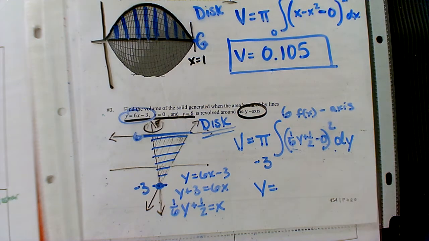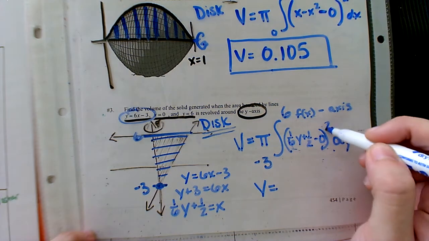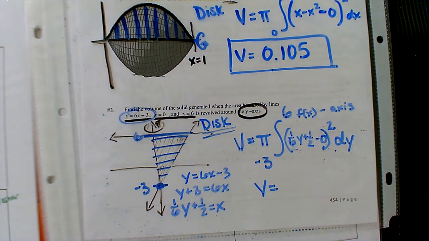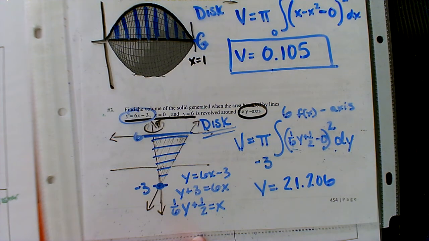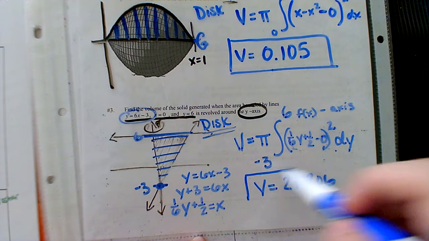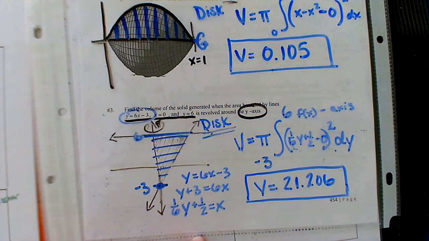I know it's y's on your paper, but you can use x's on your calculator. Still should get the same value. Any takers? Did you get, Daniel? Go ahead. 21.206. I like it. How's it sound? Pretty good? Perfect. All right.